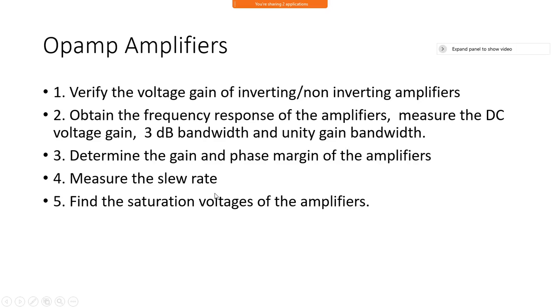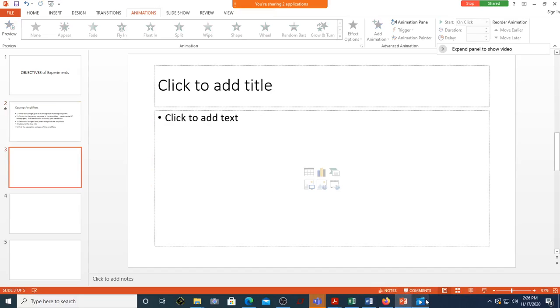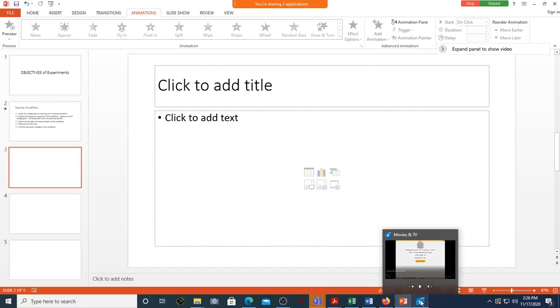Whatever supply voltage you have supplied, that is the maximum voltage you can get. So these are the five different parameters you are supposed to find, out of which I'll skip the gain and phase margin at this point of time because you cannot understand what it is. Let me just play you a video, where it was conducted just yesterday.